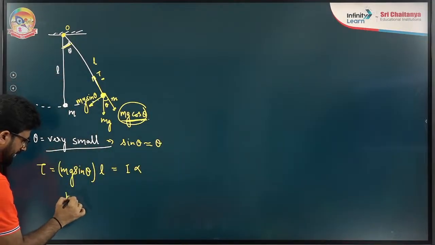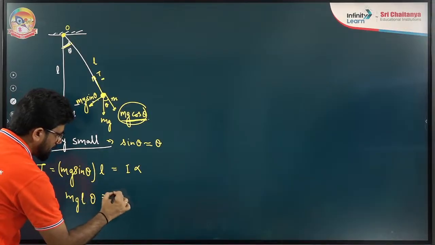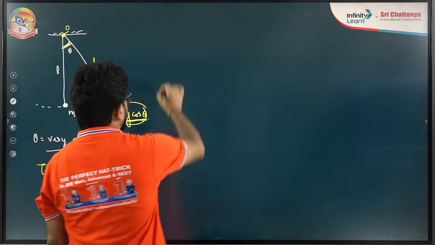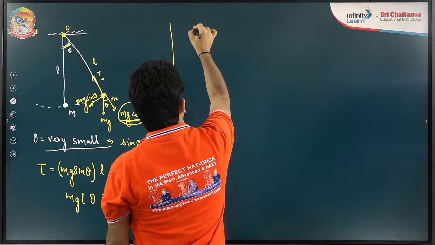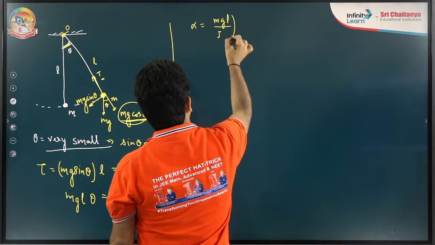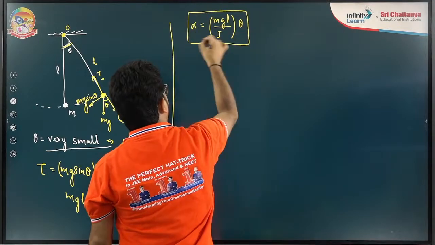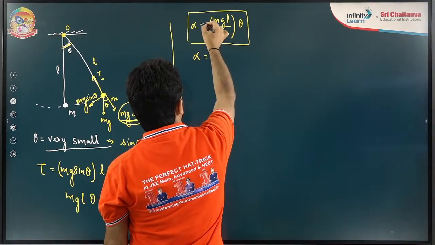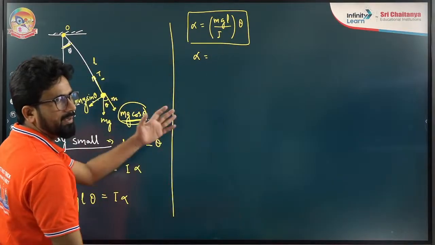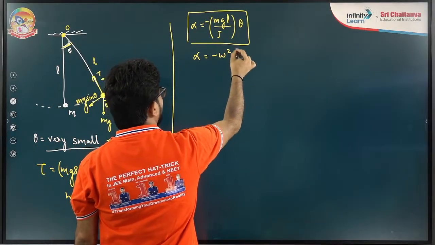So you can say mg into L into theta is equal to I alpha. And from here alpha is equal to mgL divided by I into theta. This equation we can write, and because this is the restoring torque, we put a minus sign here, and that is equal to minus omega square theta.